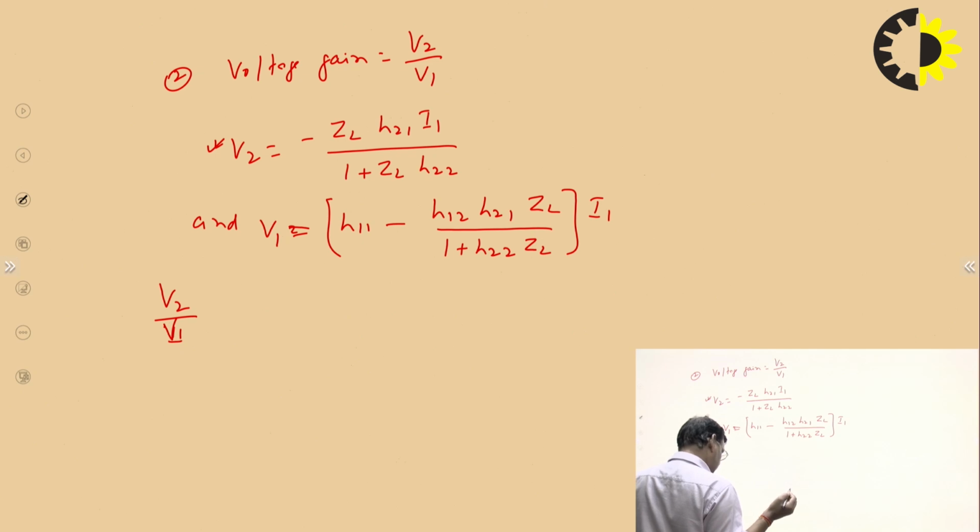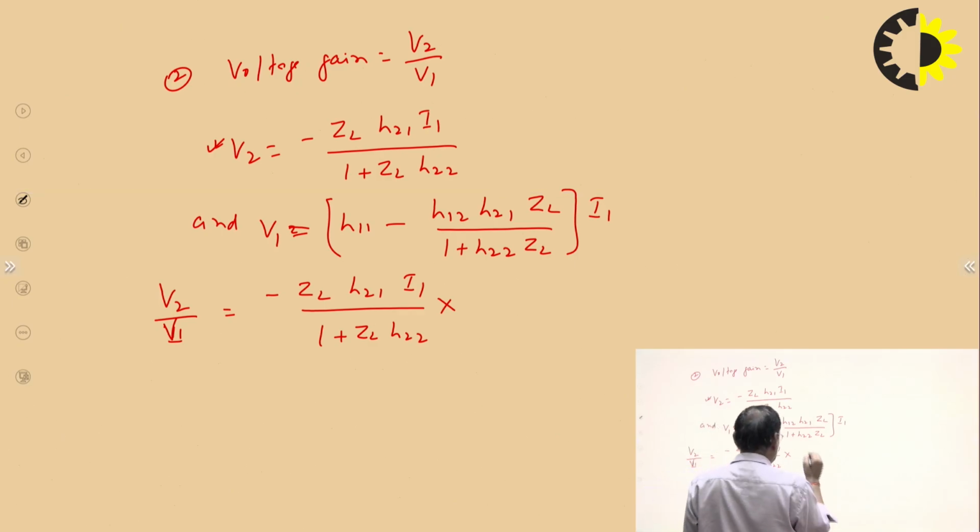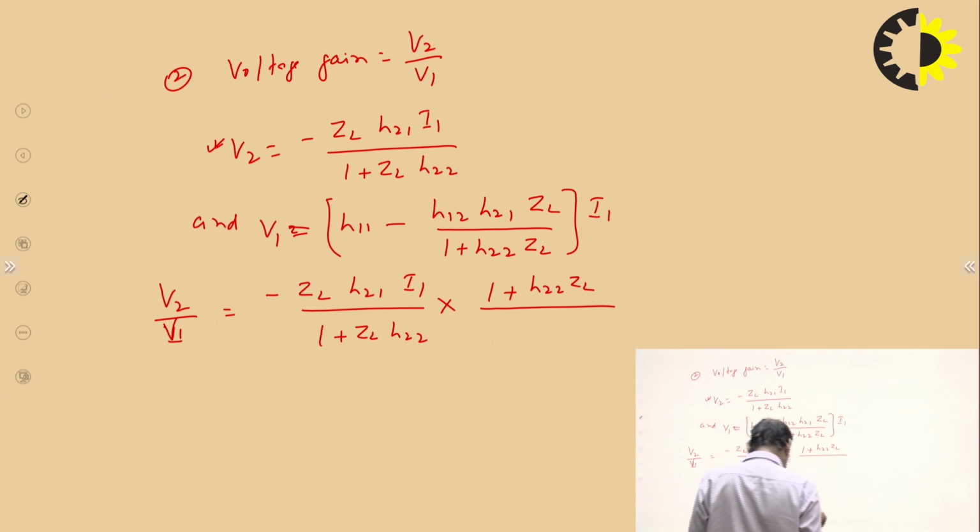So writing directly, V2 upon V1 is minus ZL H21 I1 into 1 plus H22 ZL upon 1 plus H22 ZL into H11 plus delta H ZL into I1.